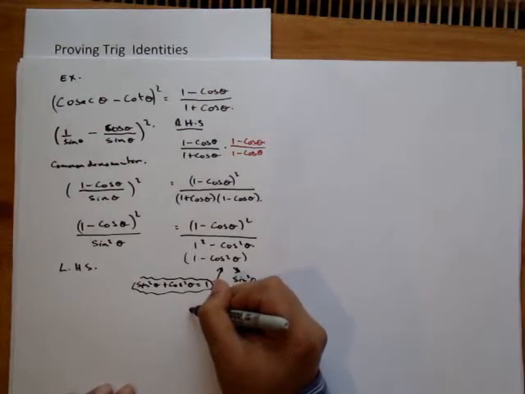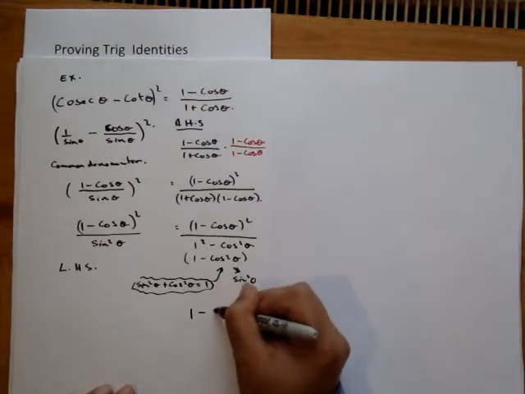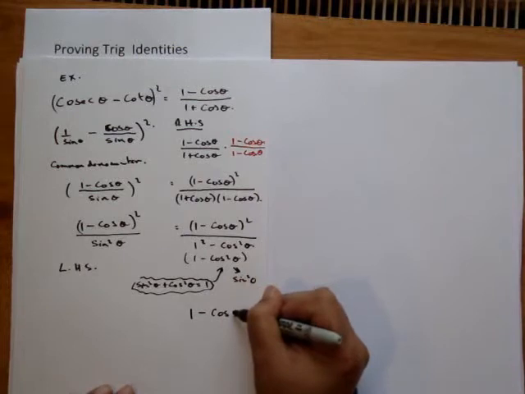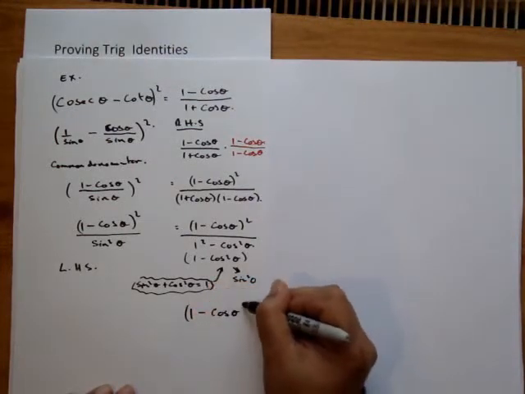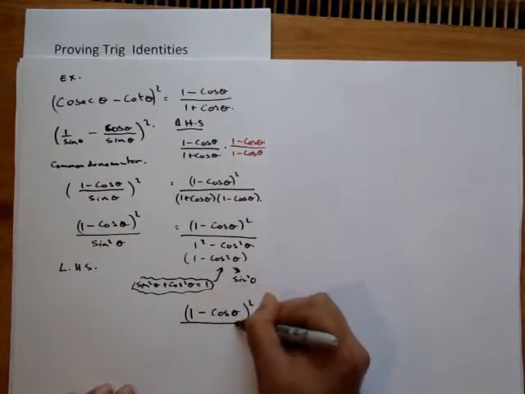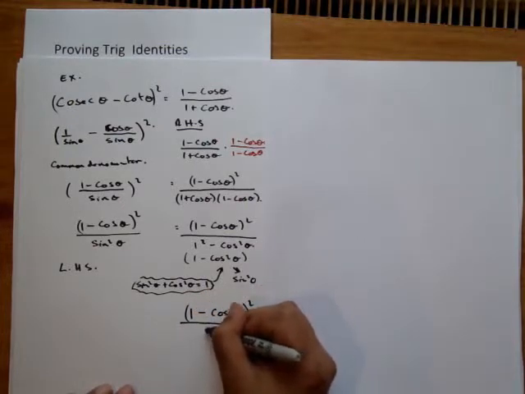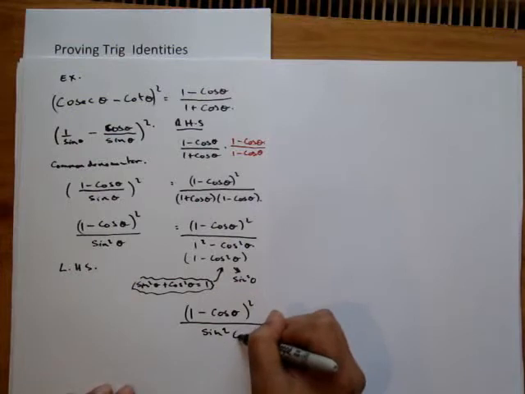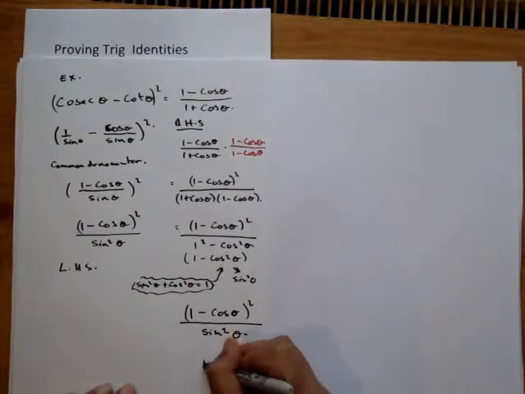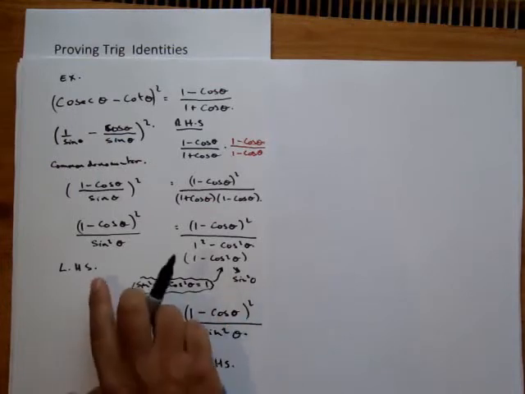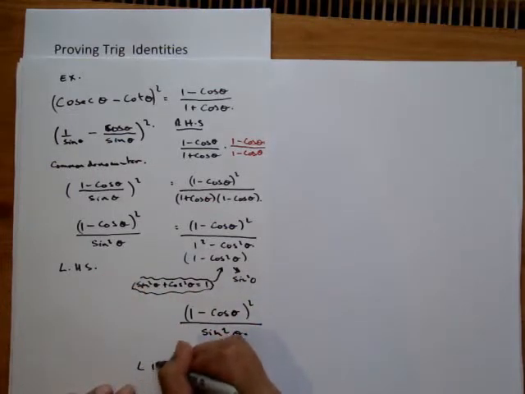So our right hand side now becomes 1 minus cos theta squared all over sine squared theta. So the left hand side equals the right hand side.